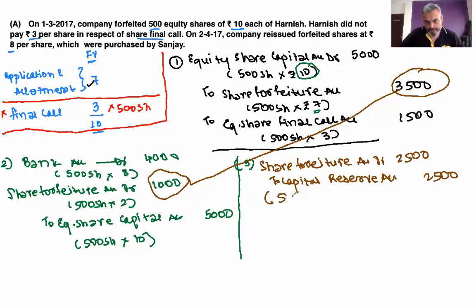If you want to do it together, 500 shares into 7 forfeited, 2 rupees ka discount, which is equal to 5. So 500 into 5 is 2,500.